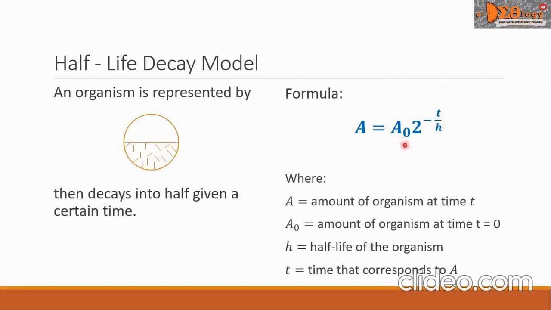This A sub 0 is the amount of organism at time t equals 0. The H is the half-life of the organism, and this is given in the problem. The T is the time that corresponds to A.